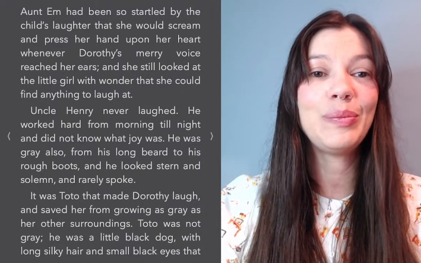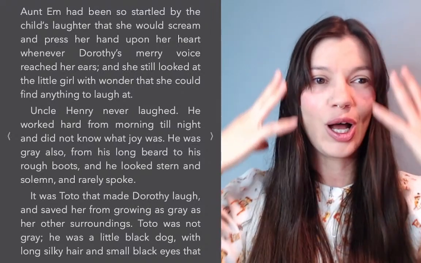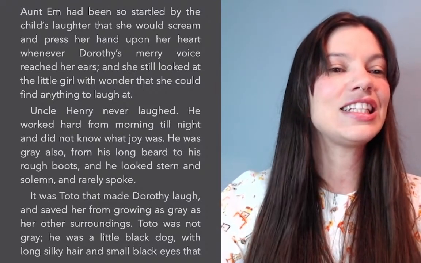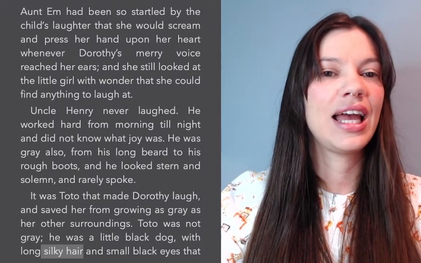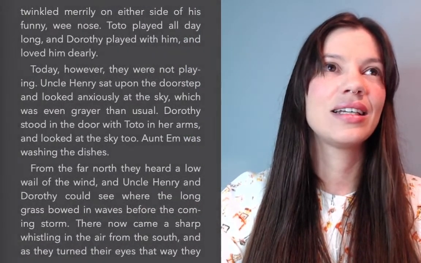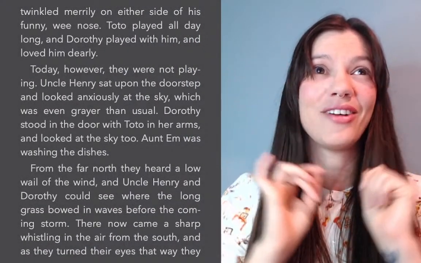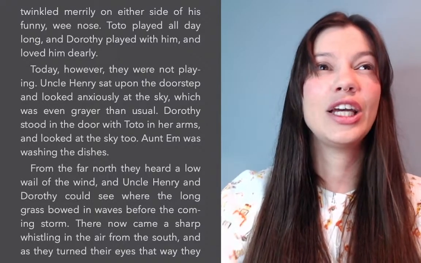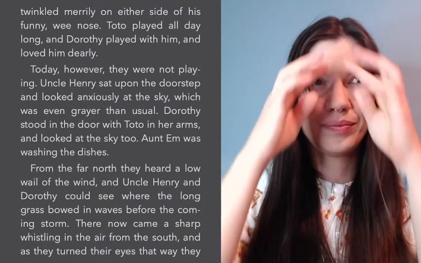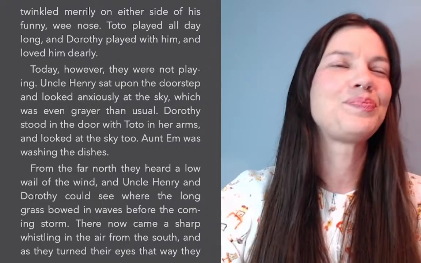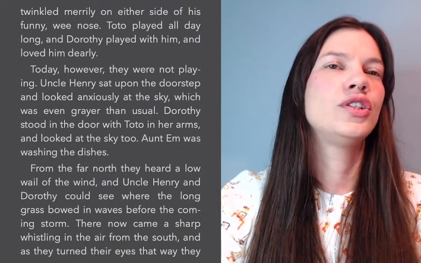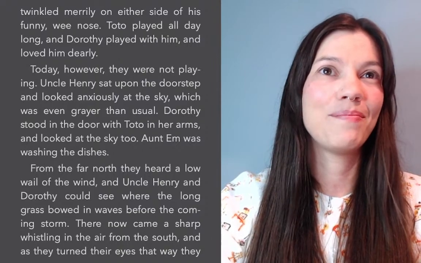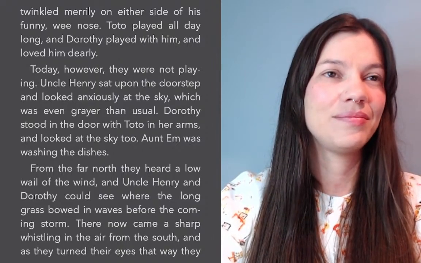He was a little black dog with long, silky hair, like smooth, silky hair, and small black eyes that twinkled merrily, happily, on either side of his funny, wee nose. Wee means small. Toto played all day long, and Dorothy played with him and loved him dearly.